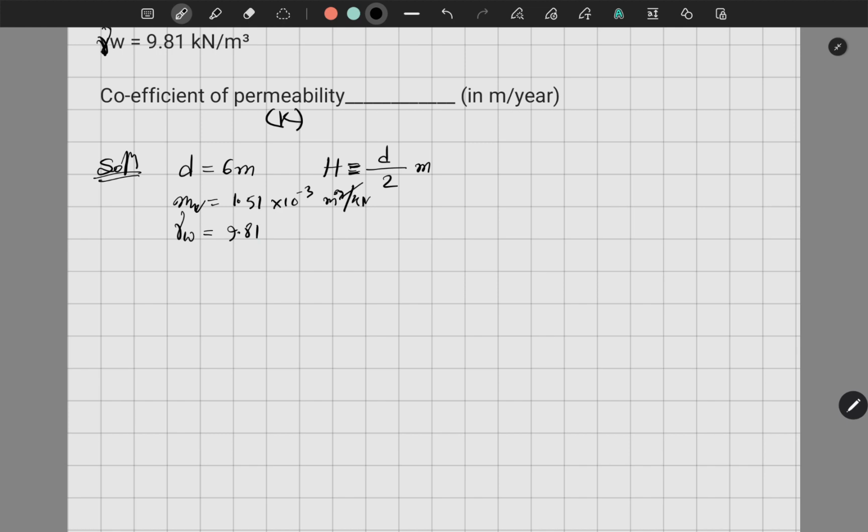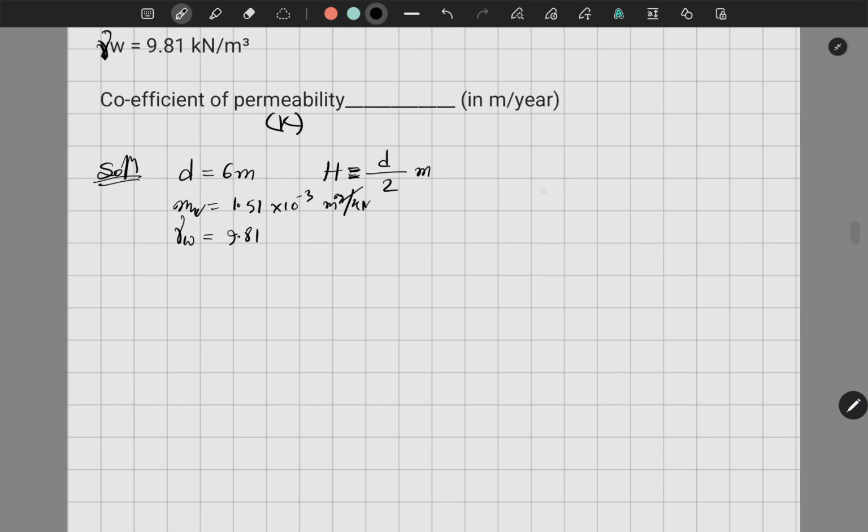9.81, and t50 equal to 2 years. As we know, Tv equal to Cv t by d square.